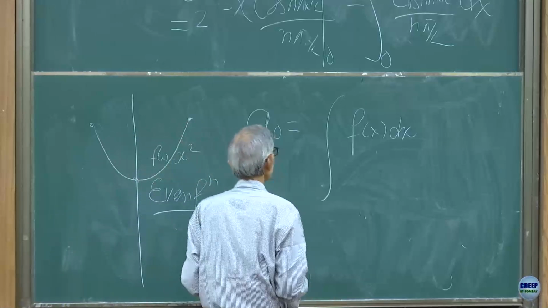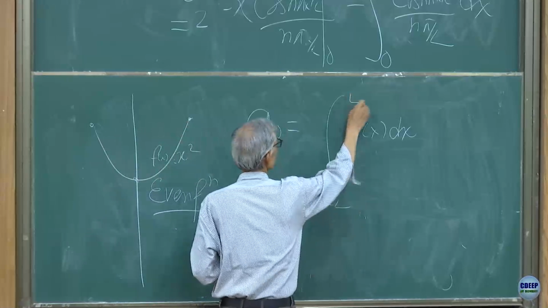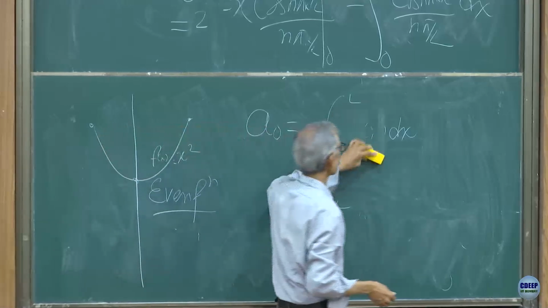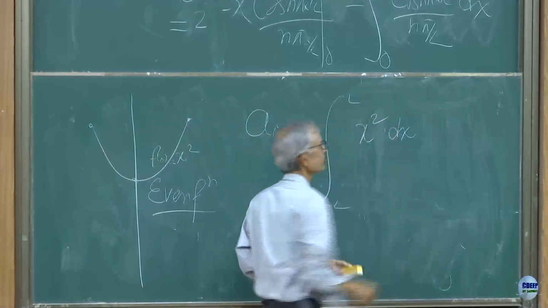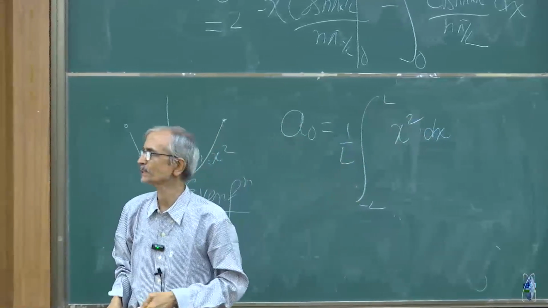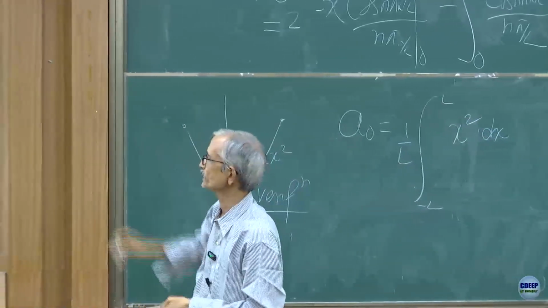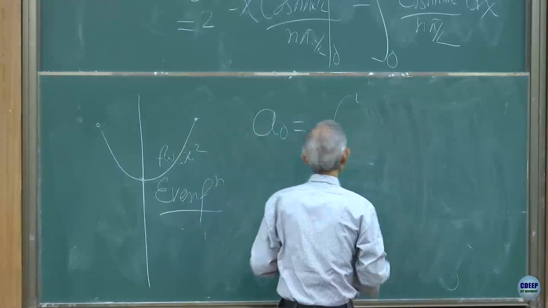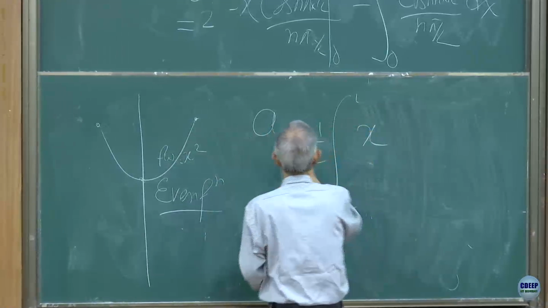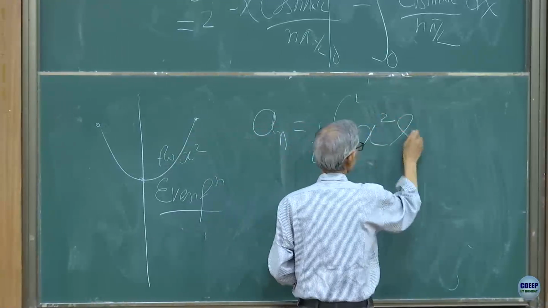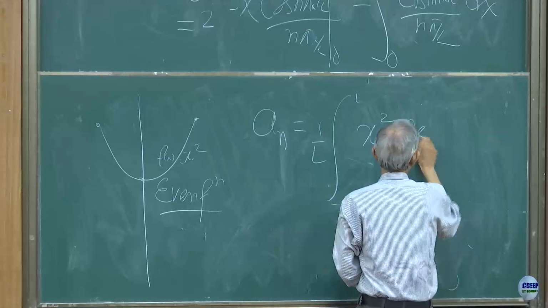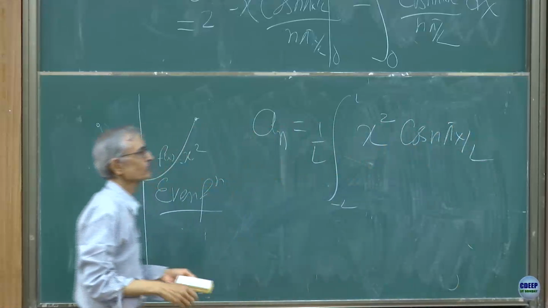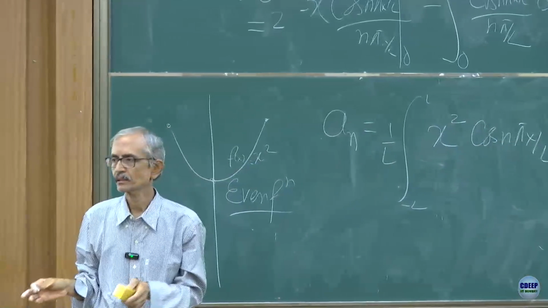So we'll just go ahead and do this. Integral from minus L to L, 1 by L. So f(x) is x square. In this particular case, you can go ahead and integrate it, and you are going to get a naught equal to that. Similarly, you are going to get an is equal to the integral of x square cos n pi x by L, and now we have done the algebra a few times.